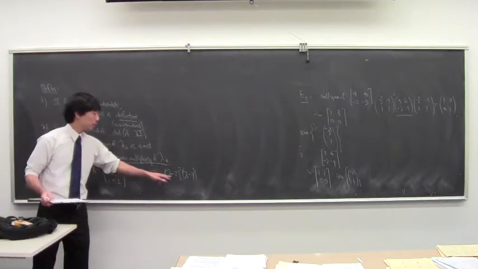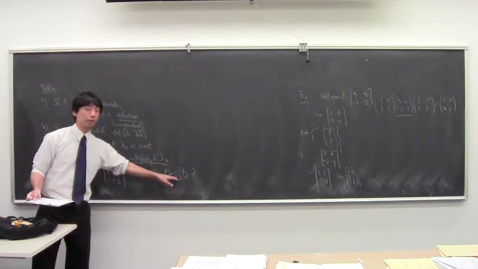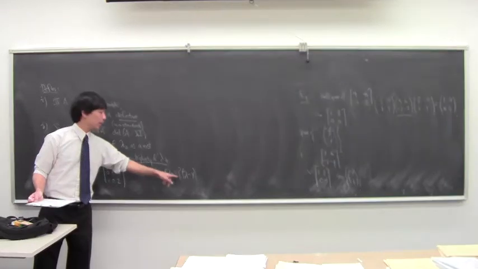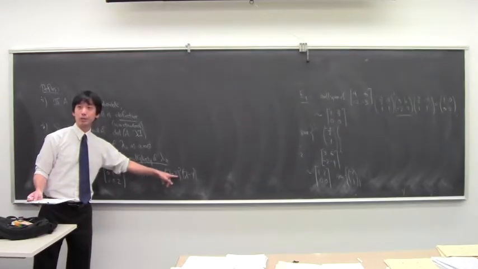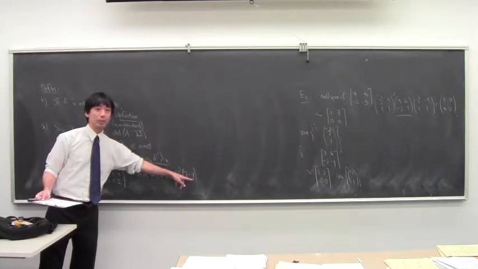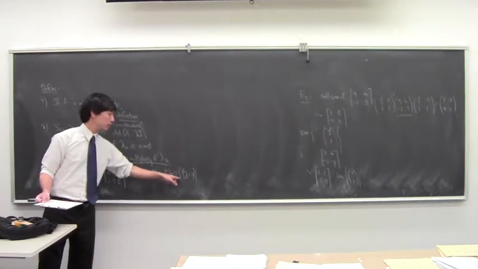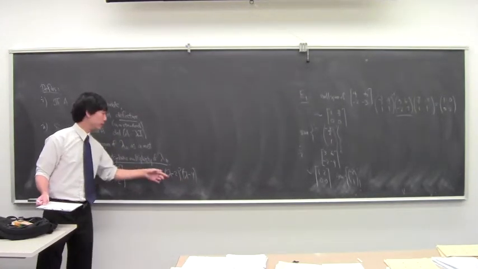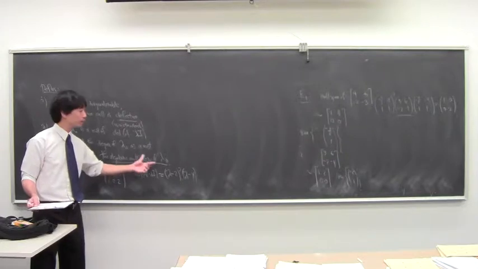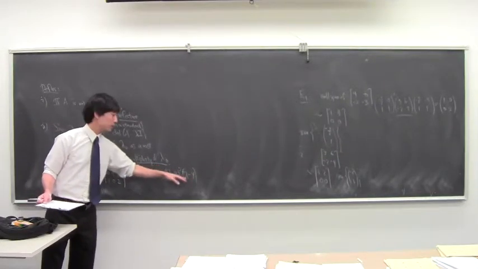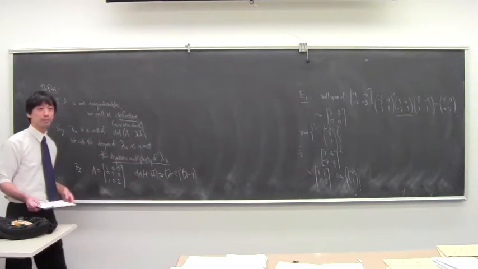And so 2 and 4 are your eigenvalues, and 2 has an algebraic multiplicity of 2, 4 has an algebraic multiplicity of 1. 2 is a double root, 4 is a single root. Just terminology.